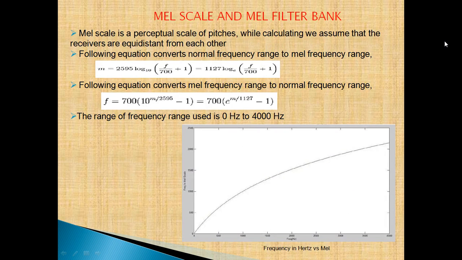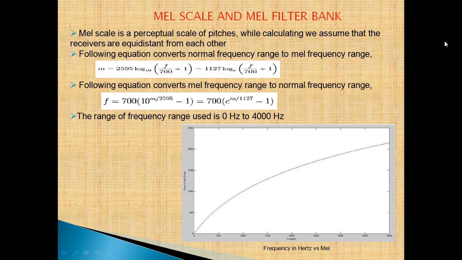Next, we are looking at the Mel scale and the Mel filter bank. The Mel scale is a perceptual scale of pitches. In the Mel scale, we consider that the receivers are always equidistant from each other. The Mel scale helps us in doing our calculations and feature extraction, and it also helps us in matching the words.